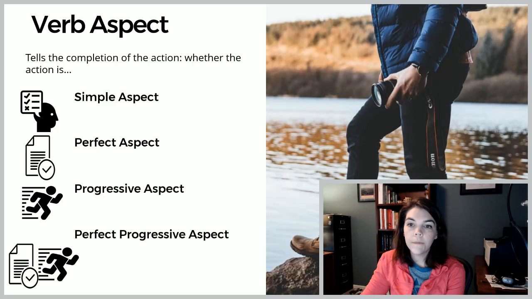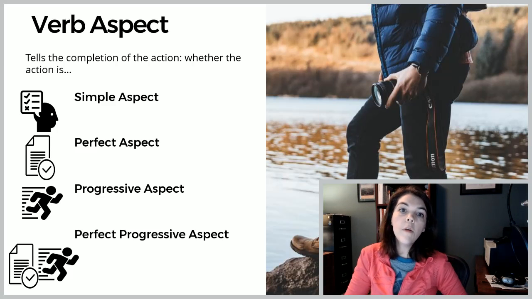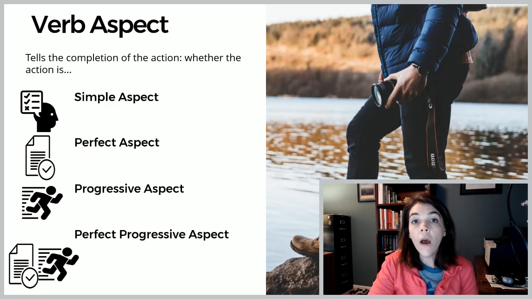Verb aspect tells us not when, but the completion of the action. This is difficult for students to understand sometimes. Verb aspect is not about when. The tense tells us when the action was completed, but the aspect tells us how complete the action was. So let me tell you more about what I mean.